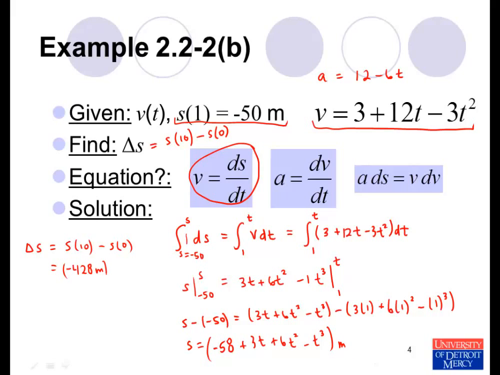If we wanted to do all the bookkeeping for the coefficients of 3, 12, and negative 3, the units would work out correctly when you did the multiplication. Then we want the position at time equals 0, so we plug in 0 for time, get negative 58 meters. So minus 428, subtracting a negative number is like addition, so it's adding 58. It works out to be minus 370 meters.